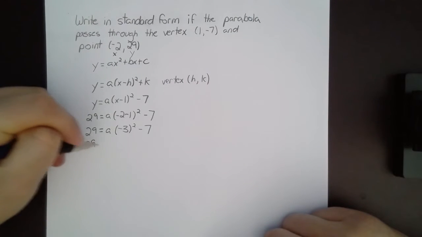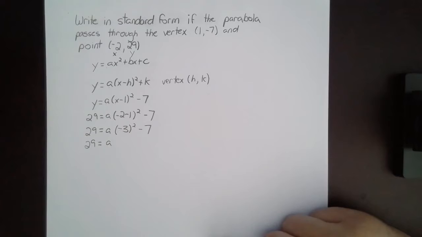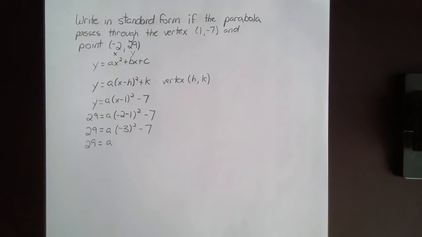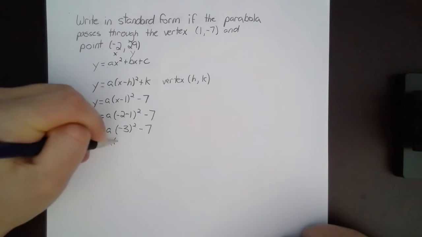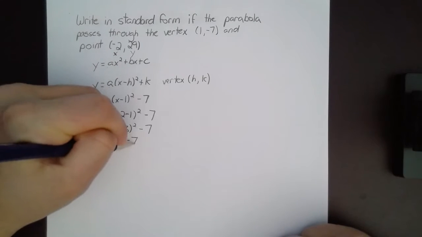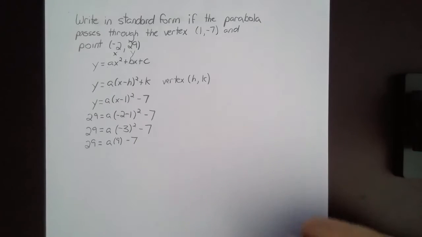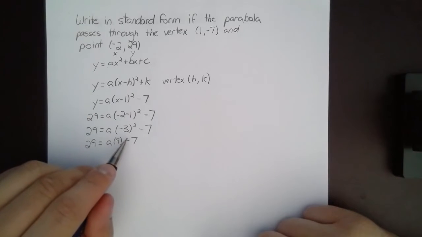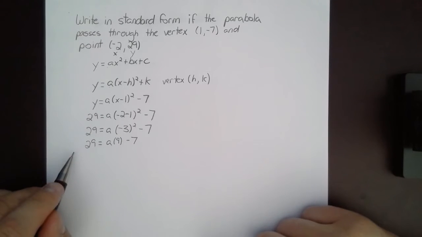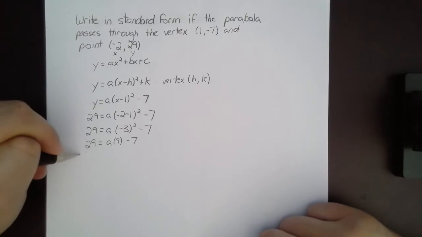And I have 29 equals a, well, any number squared is going to be positive, so 3 squared is 9, minus 7. So now I just have a linear equation here. To solve for a, I need to bring this minus 7 over to this side. So I need to add 7 to both sides.